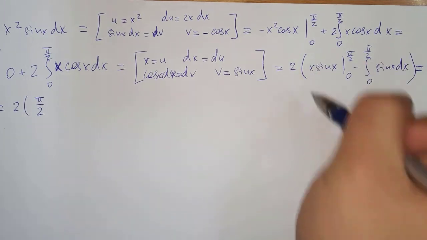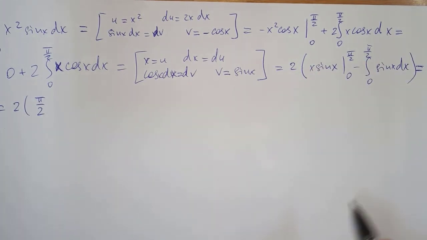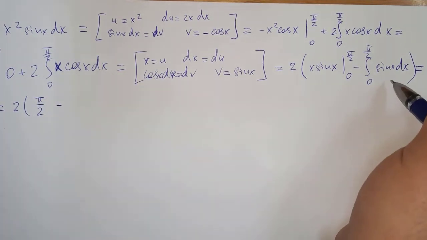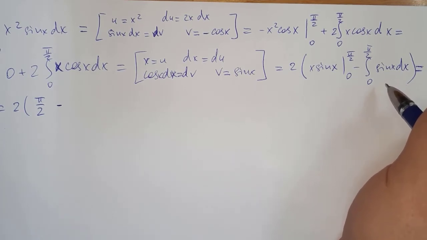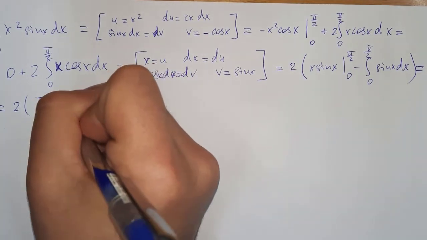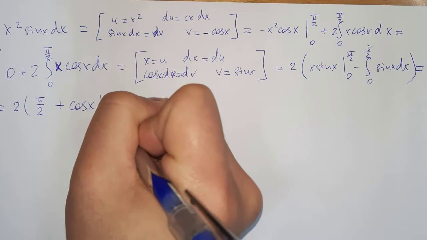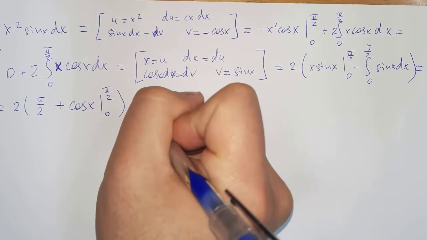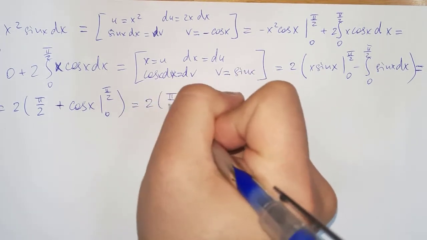When we put 0, we have 0, and then this integral, so it is minus, but when we integrate sine x, it will be minus cosine x, so it is just plus cosine x with limits 0 to pi over 2, and here 2 times pi over 2.